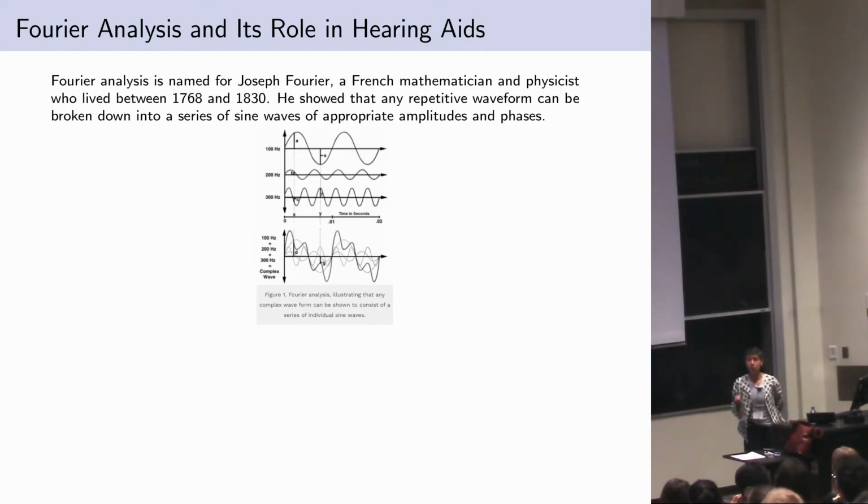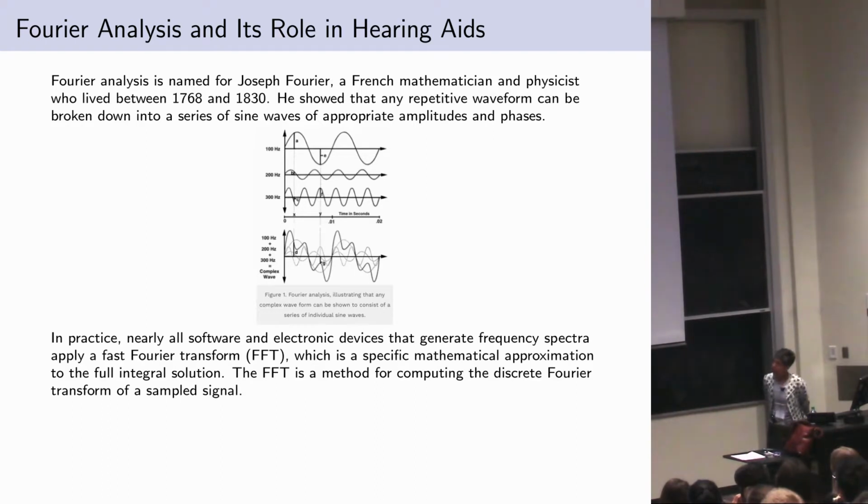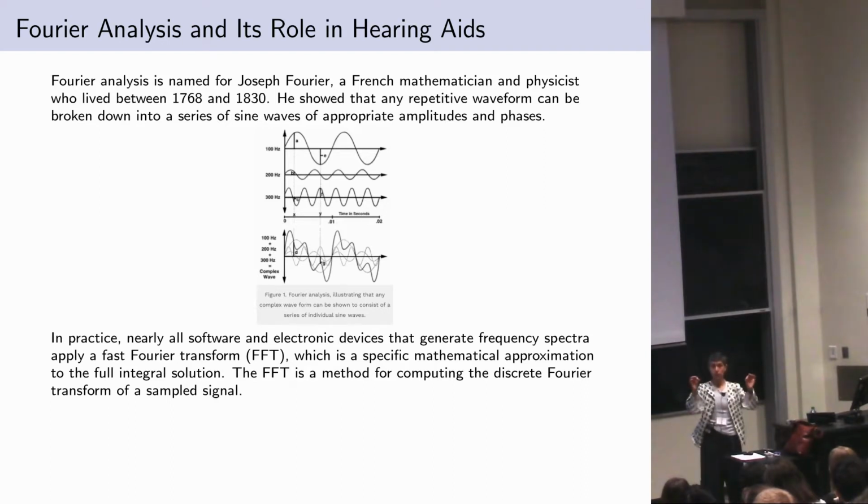Let's see why they cared about this. So in practice, the software and electronic devices, this was something about hearing aids, that generate frequency, they use the fast Fourier transform. The Fourier transform is the thing that allows you to decompose your wave, your sound, into lots of different phases. Of course, when you do an application, you cannot take every single little piece.